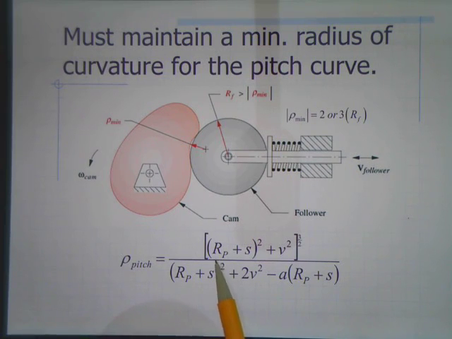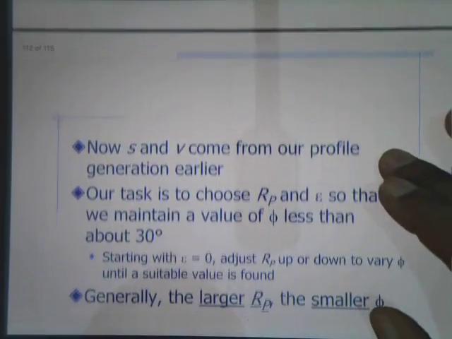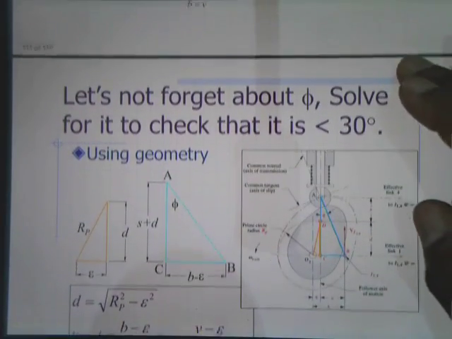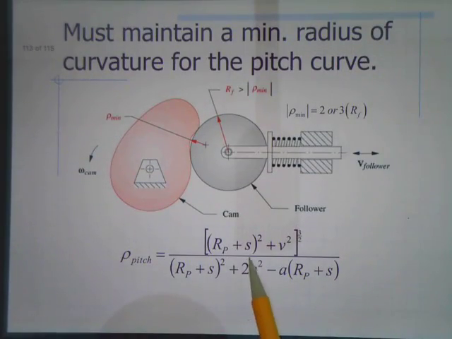The values that you see here include the RP from the previous slide, the prime circle radius, which is a part of that equation. We also have our position, our velocity, and in the denominator we even have our acceleration. Remember, all of these items, the S, the V, and the A, have to be with respect to radians. The S is just straight inches, but our V would be inches per radian, and our acceleration would be inches per radian squared.